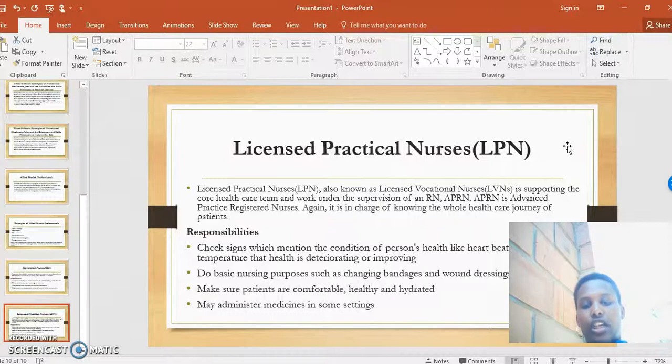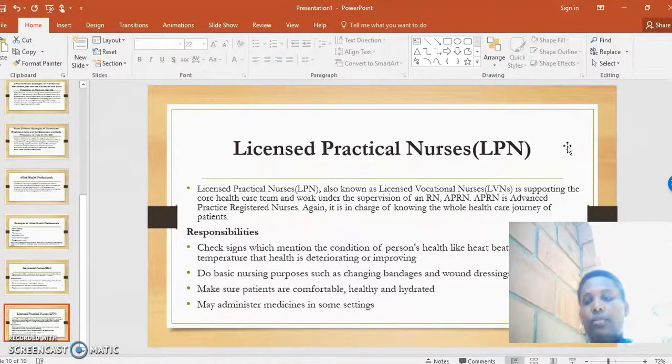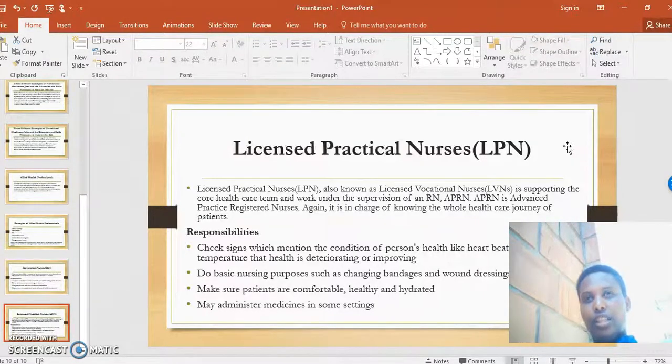Again, it is in charge of knowing the whole healthcare journey of the patient, to know if the patient goes to ask for any support at the hospital.